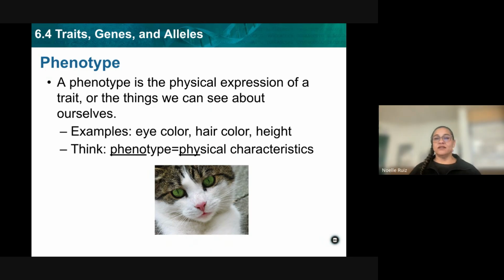So eye color, hair color, height, skin color, gender, hair texture. These are all of our physical characteristics, and they are known as our phenotype. So when you hear the word phenotype, you should think physical characteristics. You should match those 2 PH words together.